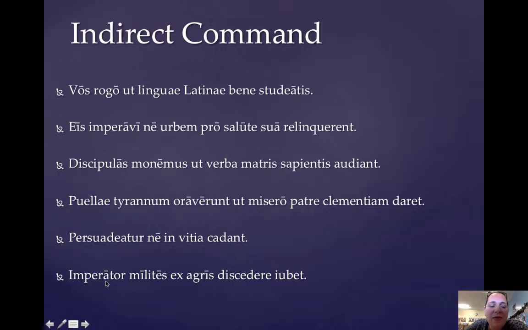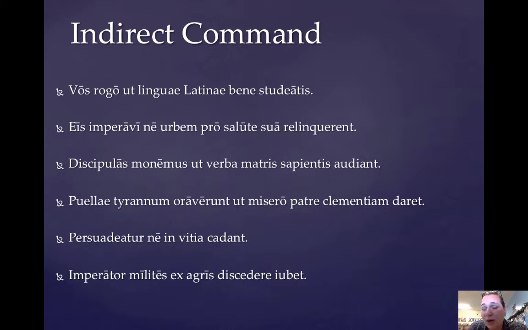Okay. And then imperator milites ex agris discedere iubet. Okay, so now we have iubet giving a command, but remember, iubeo does not take an indirect command. It usually takes an infinitive. So the general or the emperor orders the soldiers discedere ex agris, to go away from the fields.